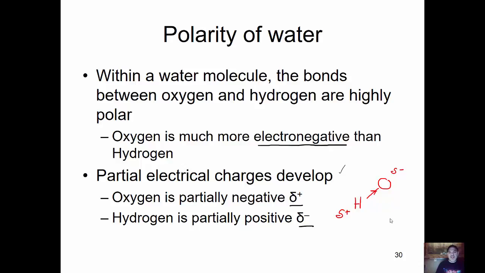Now remember, water is H2O, so we have oxygen bound to two hydrogens, so both of those covalent bonds are going to be polar. The end result is that the oxygen side is going to carry a partial negative, and the hydrogens are going to carry a partial positive charge.